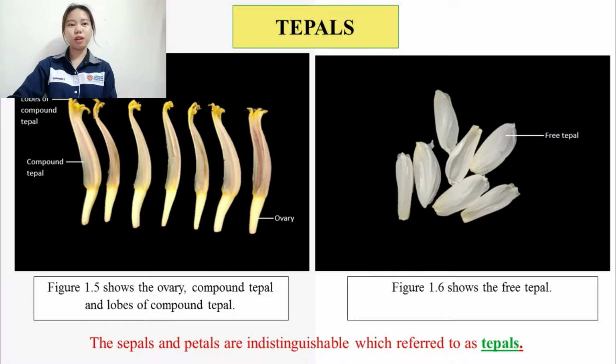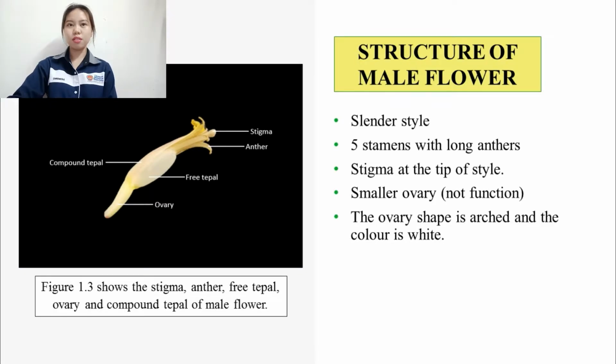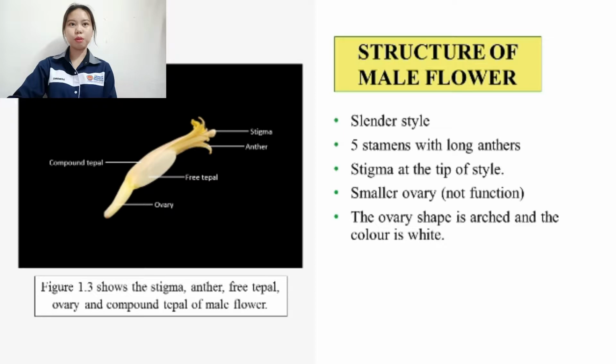Figure 1.5 shows the structure of male flower. As we can see here, the male flower has slender stele, and it consists of 5 stamens with long anther. This is the anther. The stigma located at the tip of stele. The male flower has smaller ovary, and its ovary is not functioning.